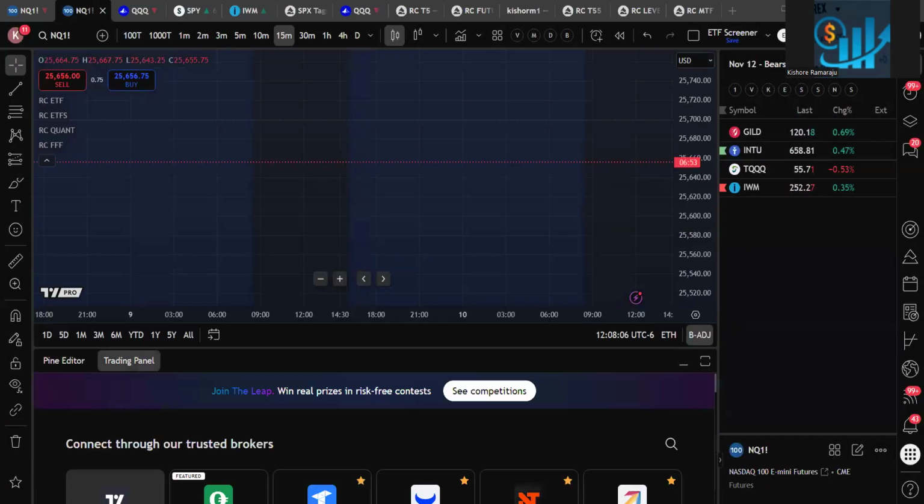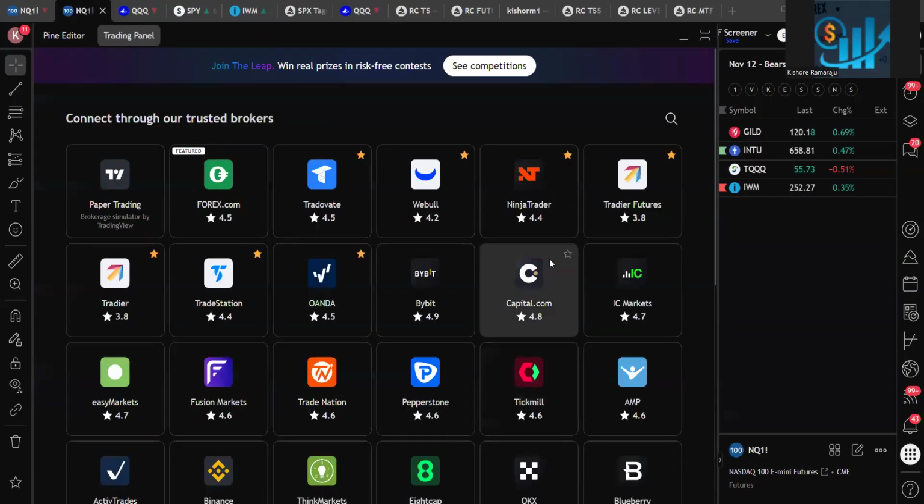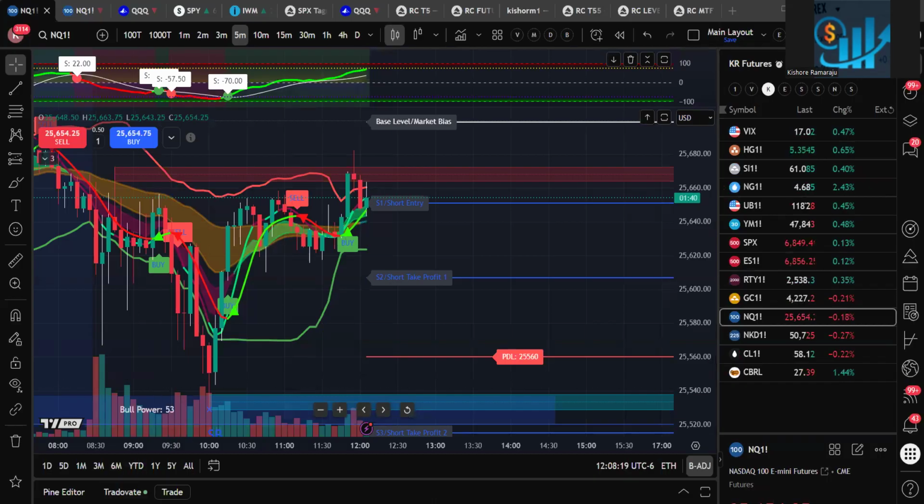So here what you do is you go and select Ninja Trader and you pick one of them. Let us say you have Apex 1 to Apex 20. So here you will use Apex 1 as the leader account. And then you will use Apex 2, Apex 3, Apex 4 until Apex 10 as your child accounts in Replicanter.